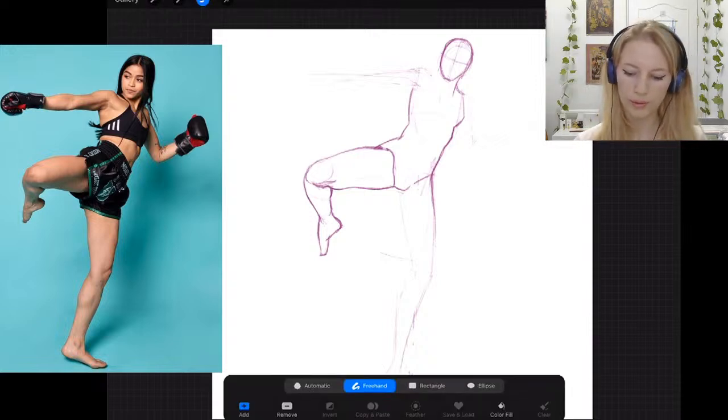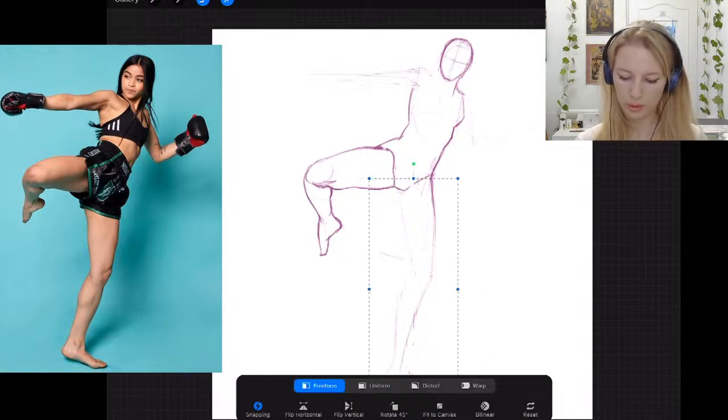Now it seems to me that the other leg is too long, so we will just make it a bit shorter.